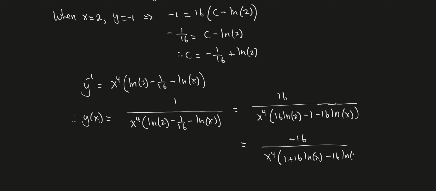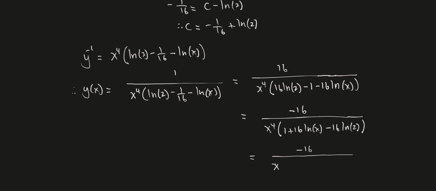All right, so there we go. And then I can combine these two logarithms into one. I'm trying to make the denominator as simple as possible, so that when we look at the interval of existence, the algebra isn't too bad. So then I'll have 1 plus 16, and then the ln of x minus the ln of 2 is the same as the ln of x over 2.